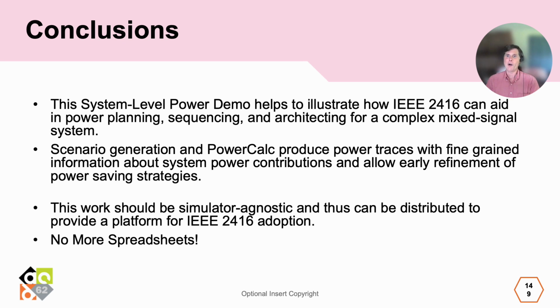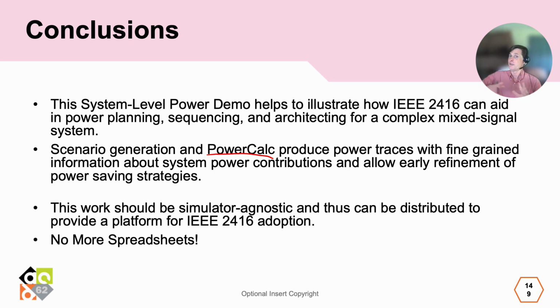We've illustrated how IEEE 2416 can aid in the power planning, sequencing, and architecting of a complex mixed signal system that includes power regulators, analog blocks, and complex digital blocks. And we've shown this power calc tool that can predict the amount of power using a UPM model and state information for the system.